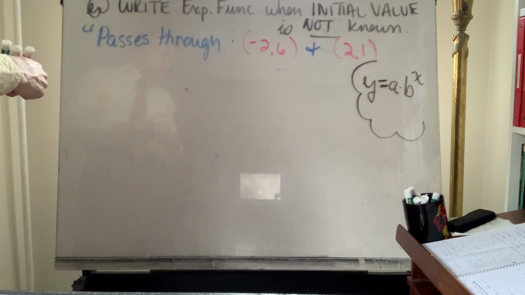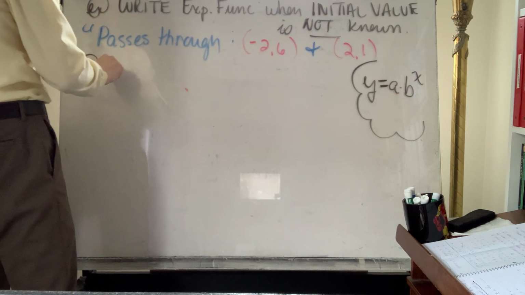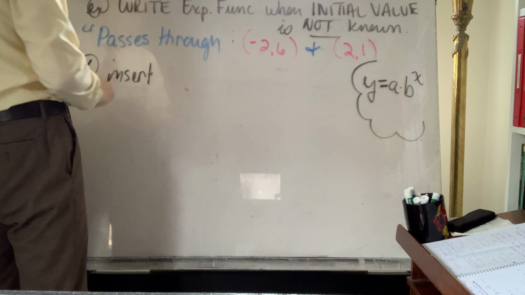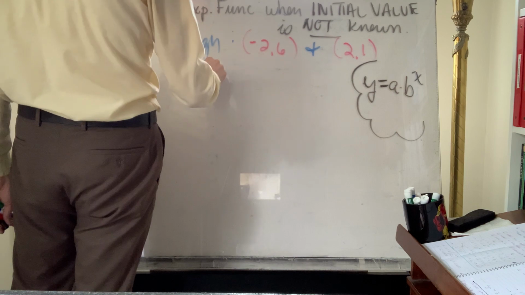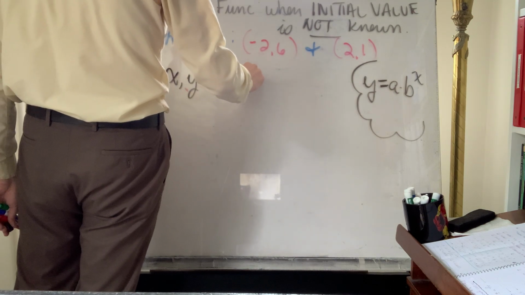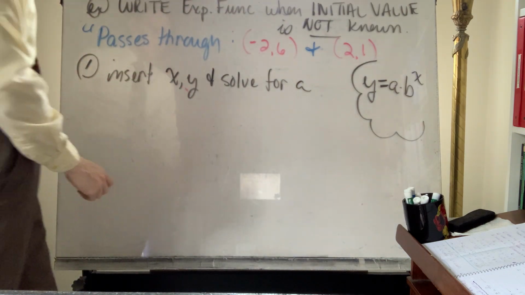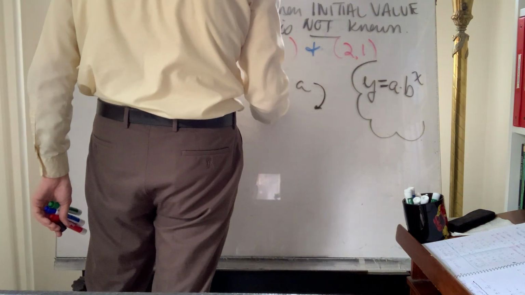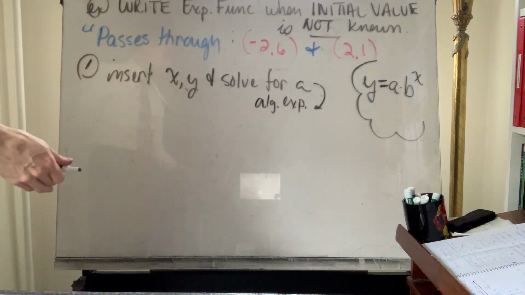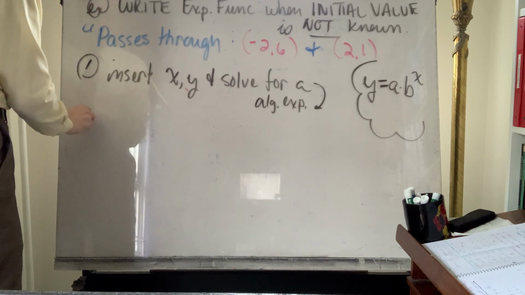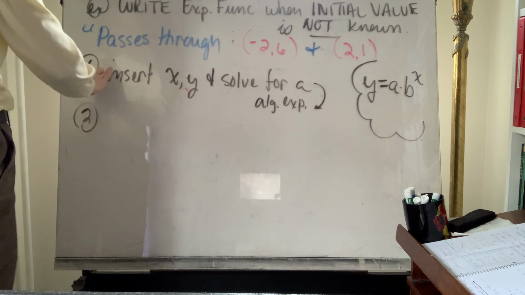Essentially, what you'll be doing is, one, you're going to substitute x and y, and solve for a. You're going to get an algebraic expression at that point, rather than an actual nice number, which is what we would really want. That's ultimately what we're going to find, but there's a journey from here to there.